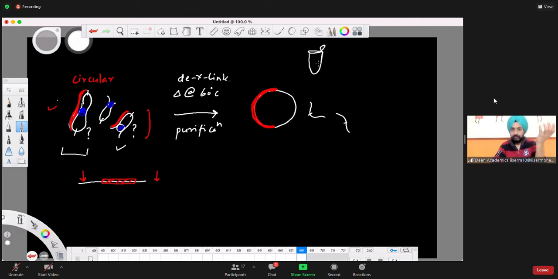So this is just one thing that I'm showing. Although there will be several such circular products, right? Some of them will be redundant, others will be non-redundant in terms of the ligated product. Each one is coming from a different cell.